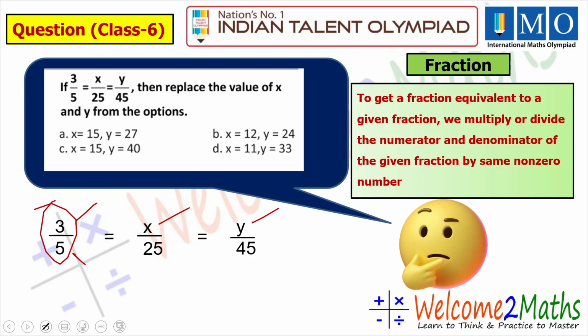So here you can see it's 3/5 equals x by 25. We have to find the value of x. So how can we get 25? Whenever we multiply 5 with 5, we get 25.